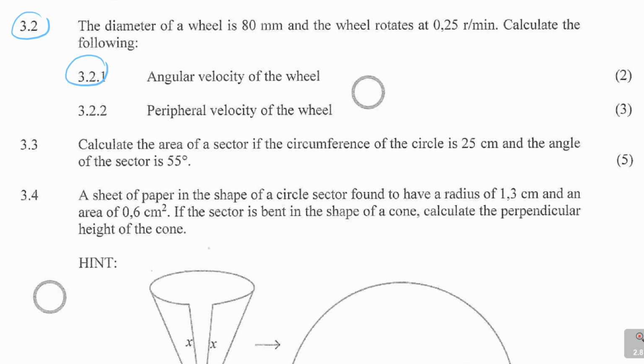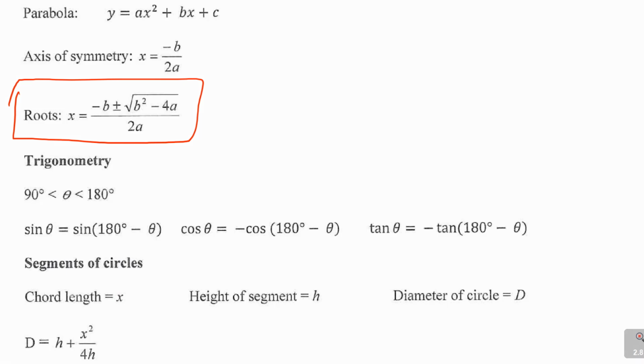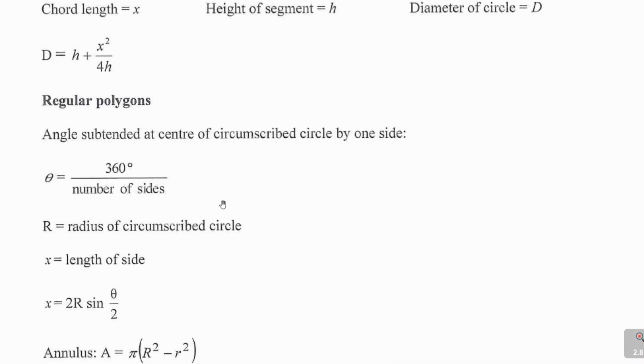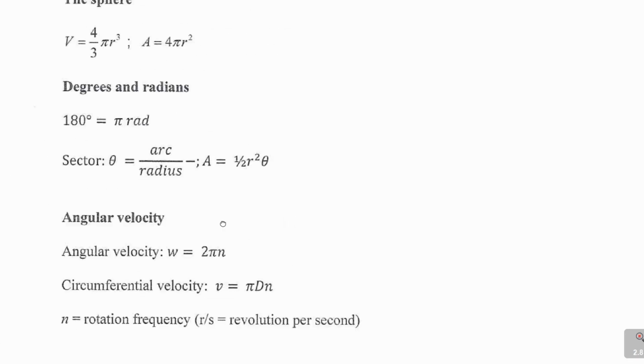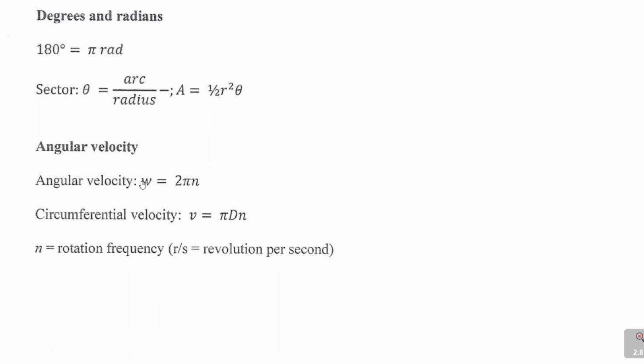Now you need to understand what they mean when they say the angular velocity. Go to the formulas. It relies heavily on formulas, but you need to be very sensitive in this section. Angular velocity ω is 2πn.